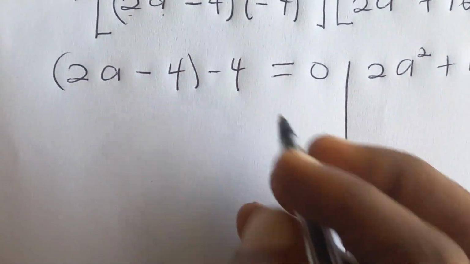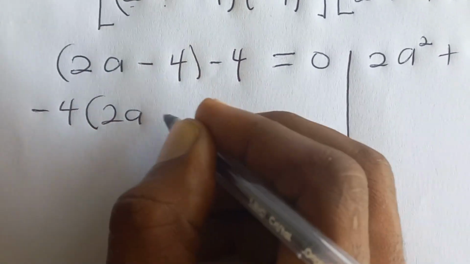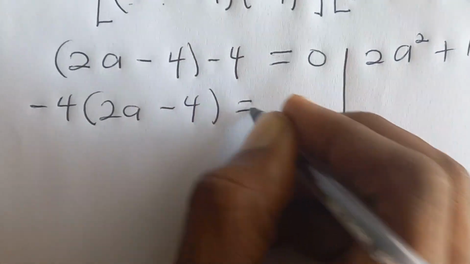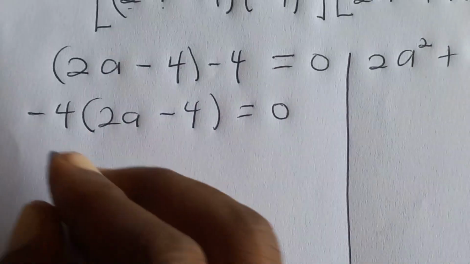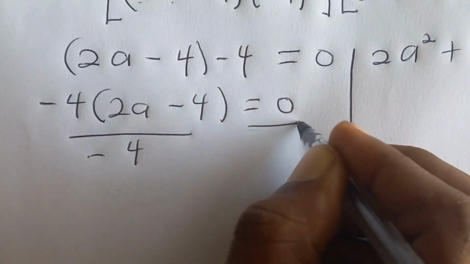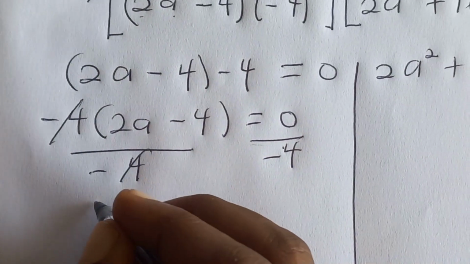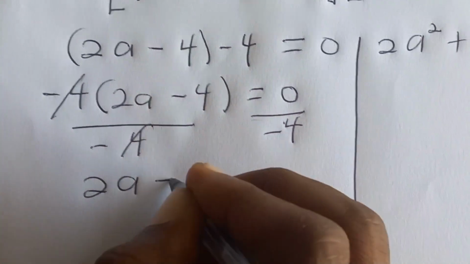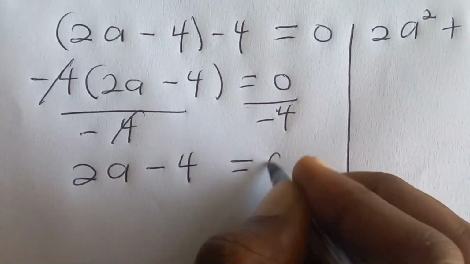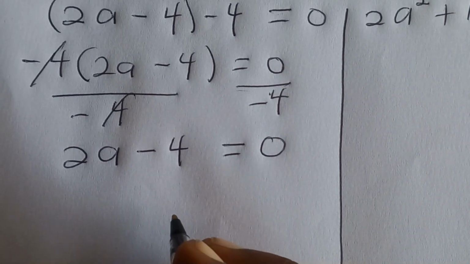Now with this, we are having negative 4 (2a minus 4) is equal to 0. Then we divide both sides by -4. So this will cancel this. We are going to get 2a minus 4, which is equal to 0. Now, what do you think a would be?